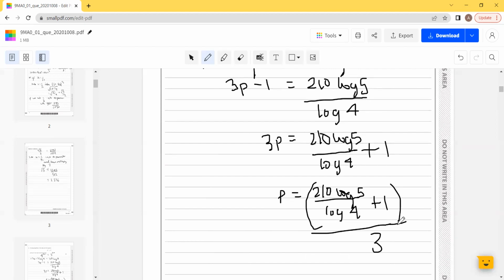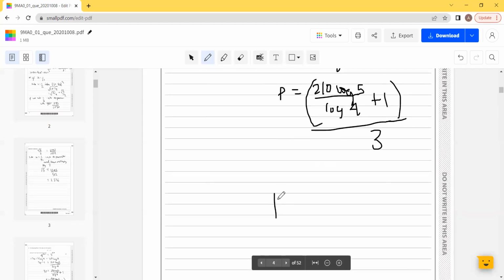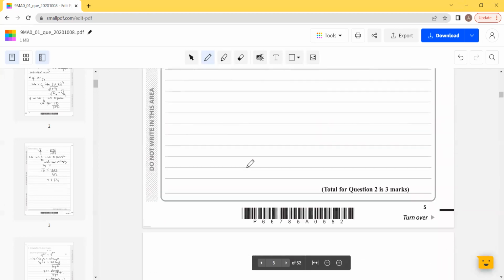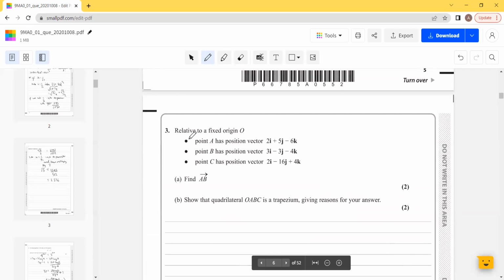So we get 81.6. So p is approximately 81.6.